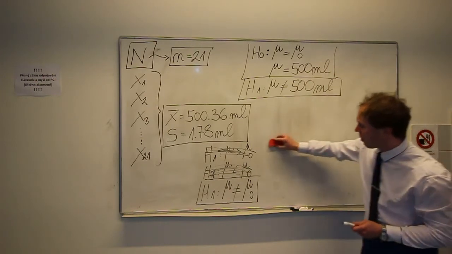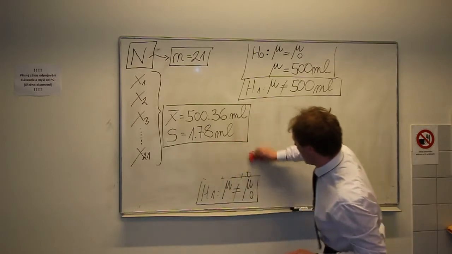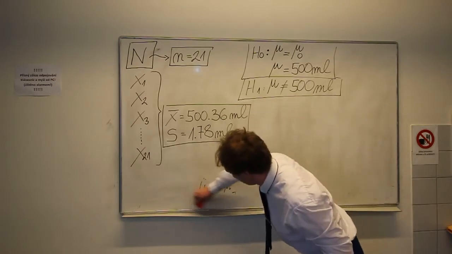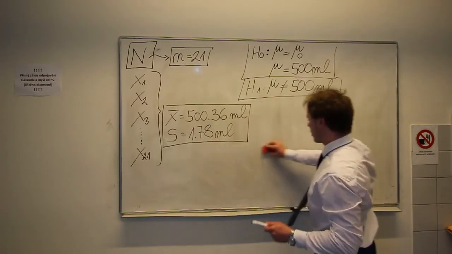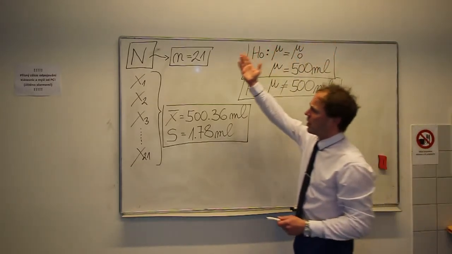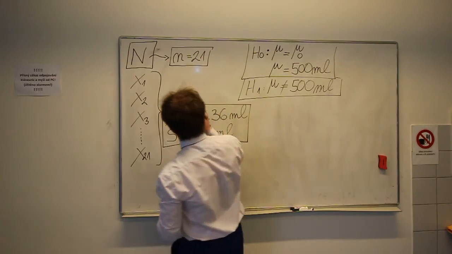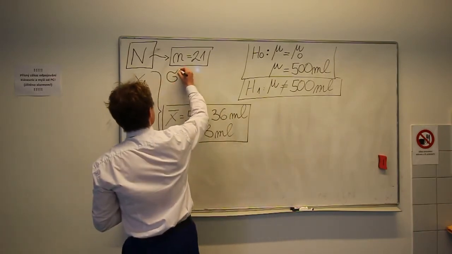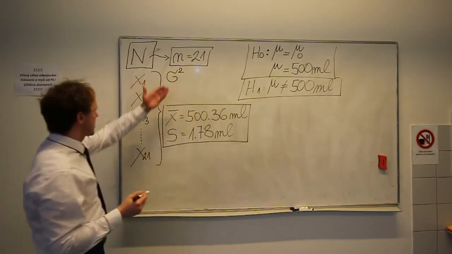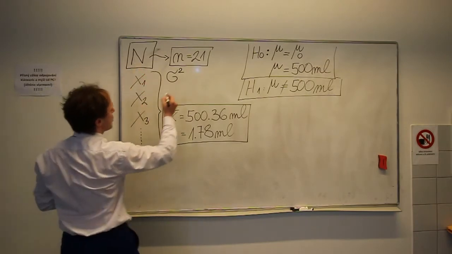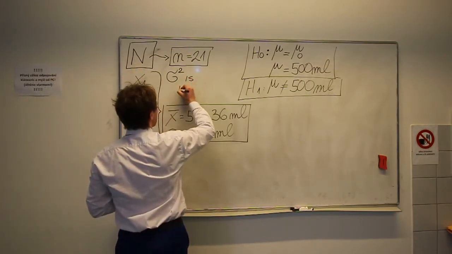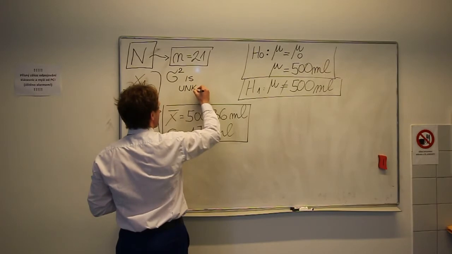Okay, so I will delete this, and now important information about the variability of the population. As I already said, sigma squared or sigma of the population is unknown.